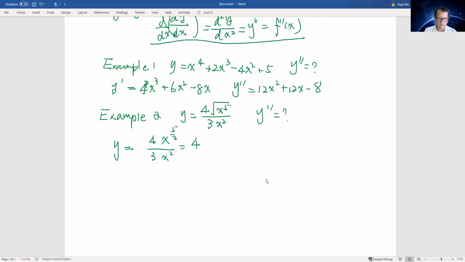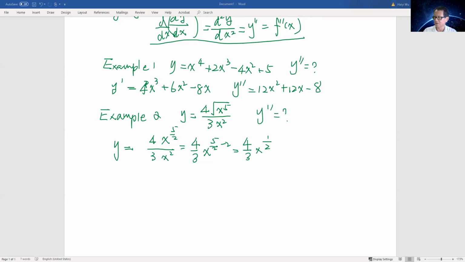Now we subtract the powers, 5 over 2 minus 2. So the answer will be 4 over 3 x to the power of 1 over 2. So this is a lot simpler, isn't it?